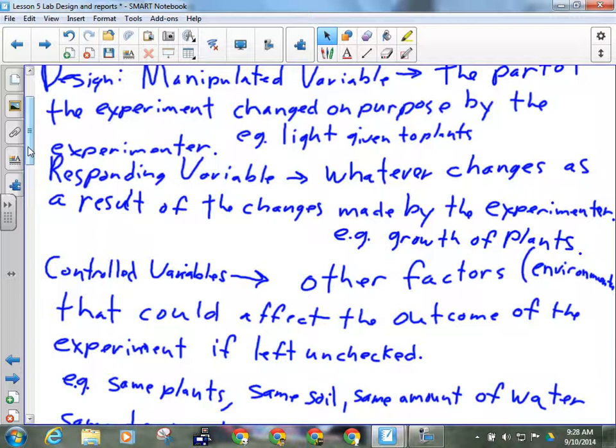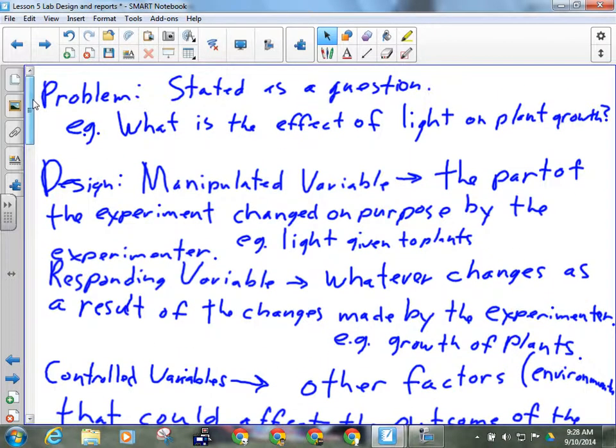Okay, in an experiment, how many manipulated variables do you suppose you can have? 1. You can only have one manipulated variable. Okay, here's why. If I do this experiment where I have 10 plants that get different amounts of light, and then I also make every plant get different amounts of water, how am I going to know whether it was the water or the light that caused the change in growth?